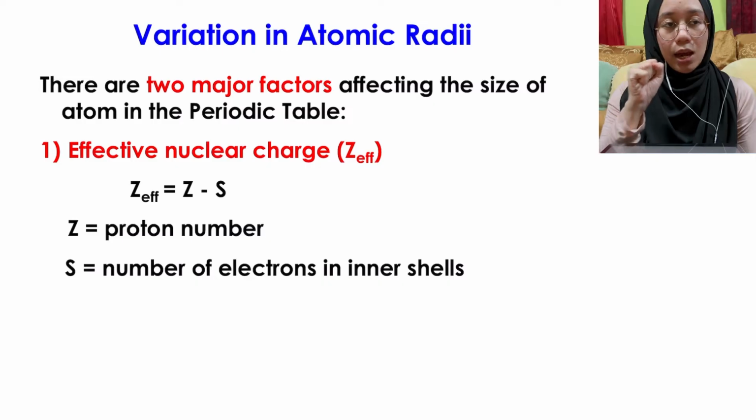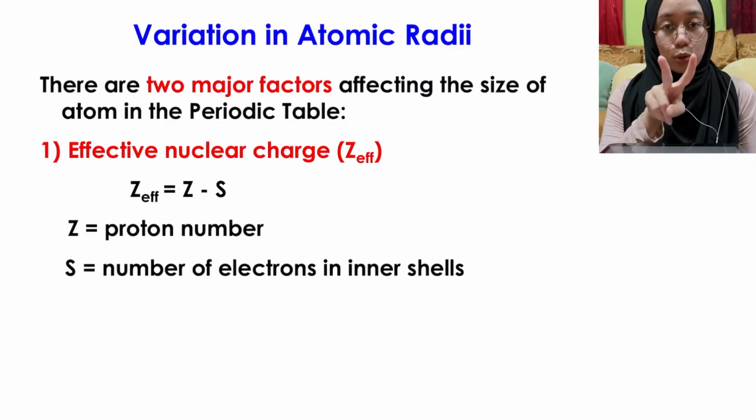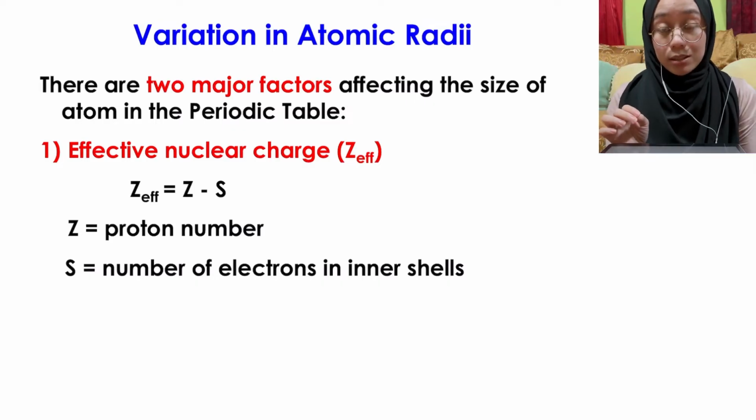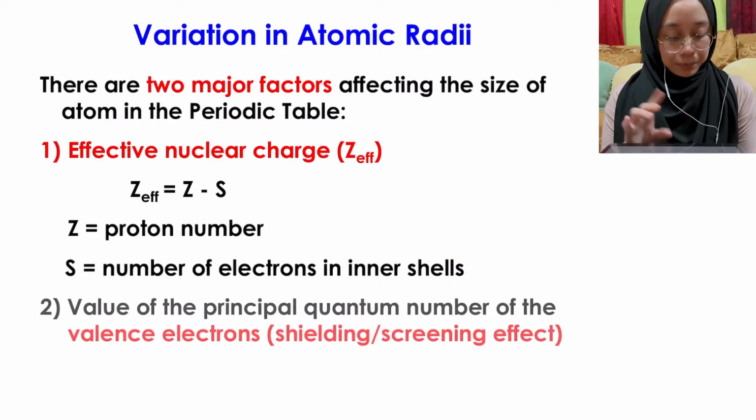Let's say we have an element in period 3. Elements in period 3 have 3 shells. So the number of electrons in the inner shells is those in shell number 1 and also shell number 2. We add them all together, and that is considered as S, the number of electrons in inner shells. Then we just subtract from the proton number the number of electrons in the inner shells. That is basically the Z-eff, and it has a value.